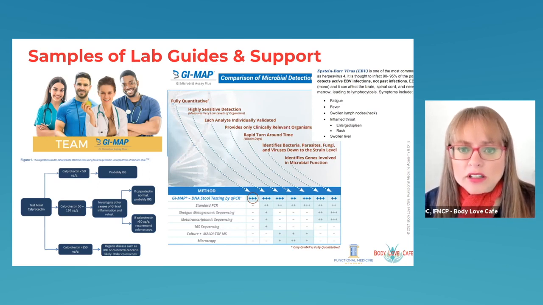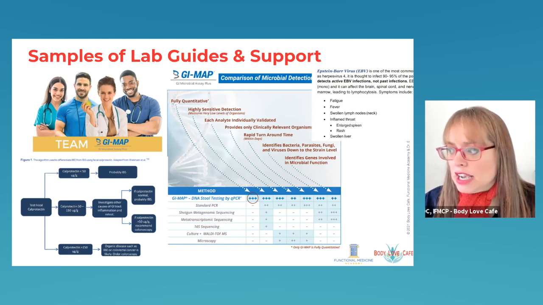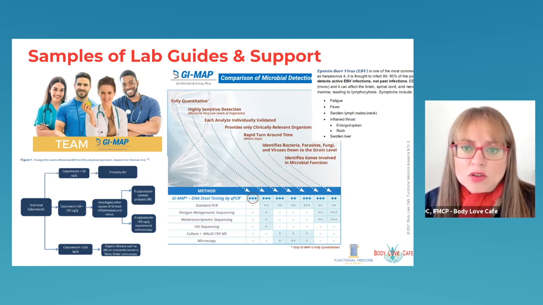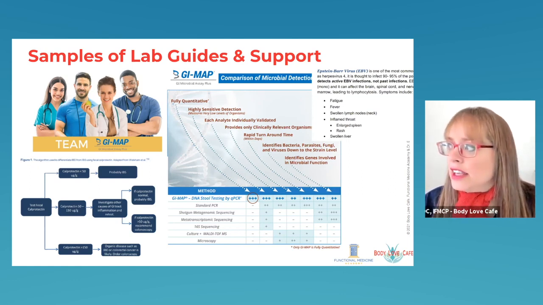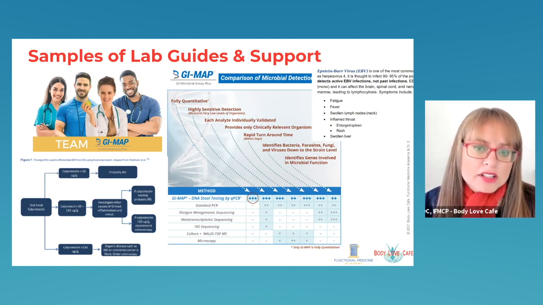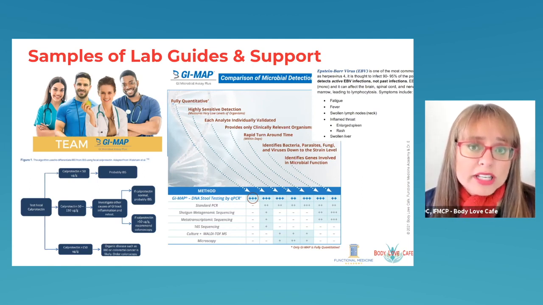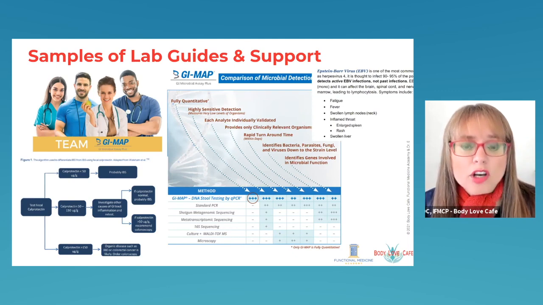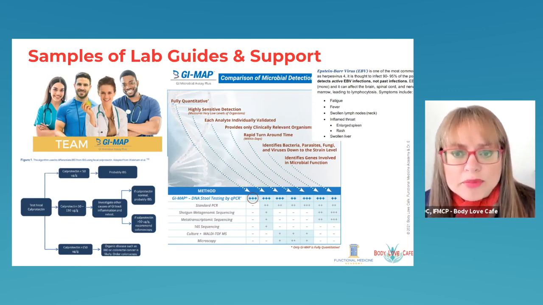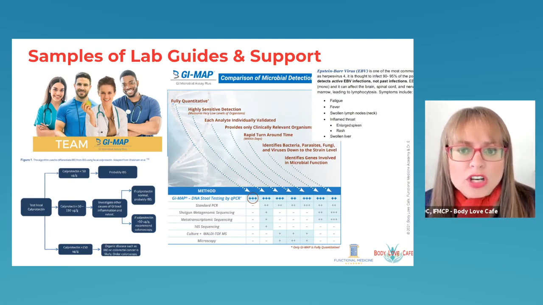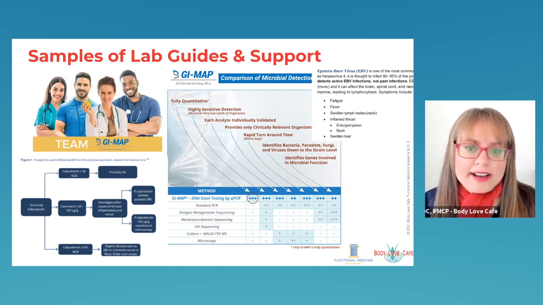There's a grid here from GI Map that talks a little bit about the different testing mechanisms that you want to look at. And then Epstein-Barr virus, it will only show in the stool test if it's an active infection, but it's one of the few labs that has that. So I put a little bit of information in there, and there's certainly more in the guides.